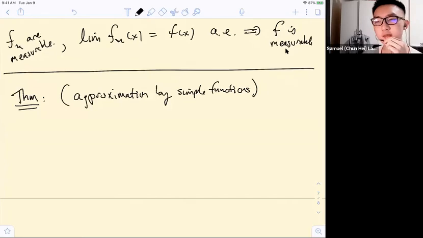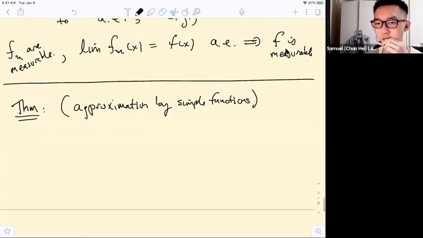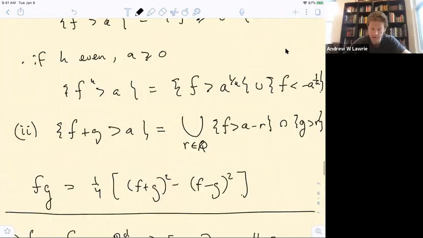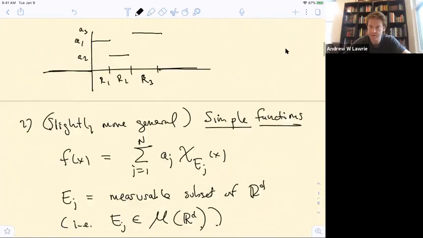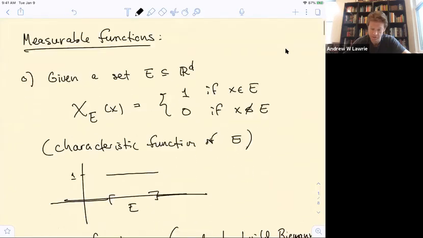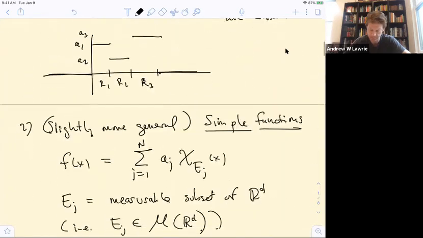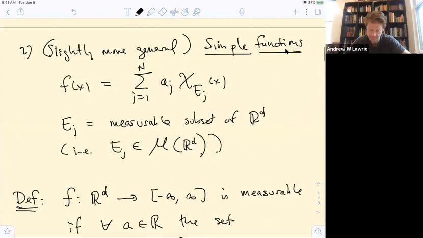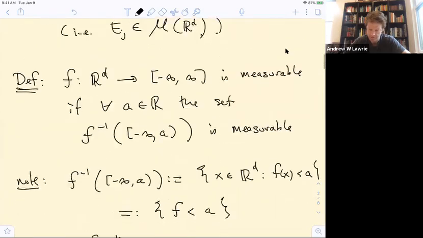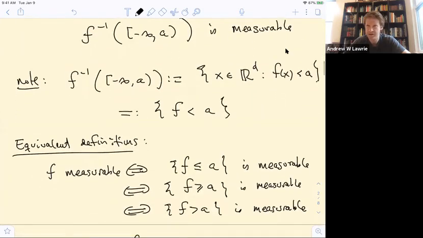When we formulate simple functions, do we require the sets to be disjoint? No requirement of being disjoint. I don't think so. Right, if the sets aren't disjoint, then the value that the function takes in that set just gets counted twice, right?